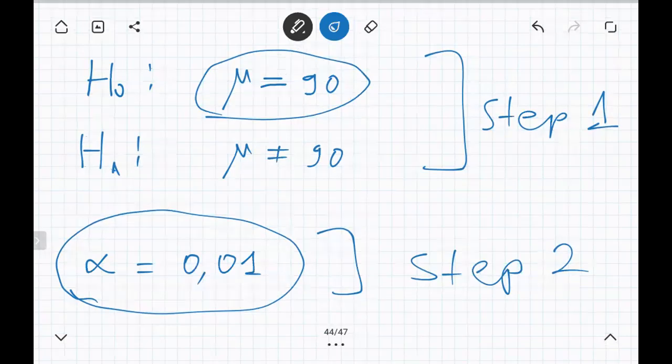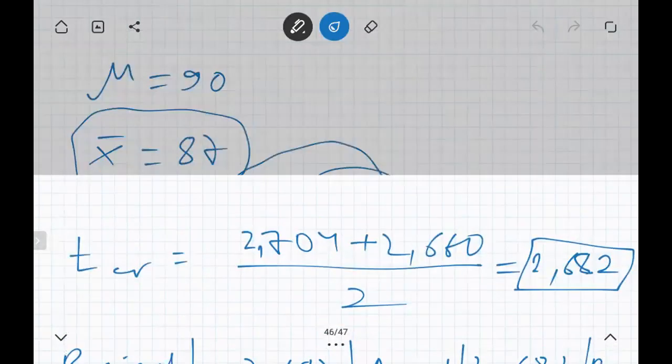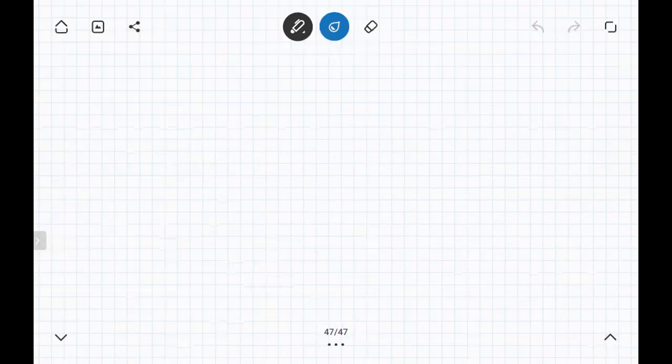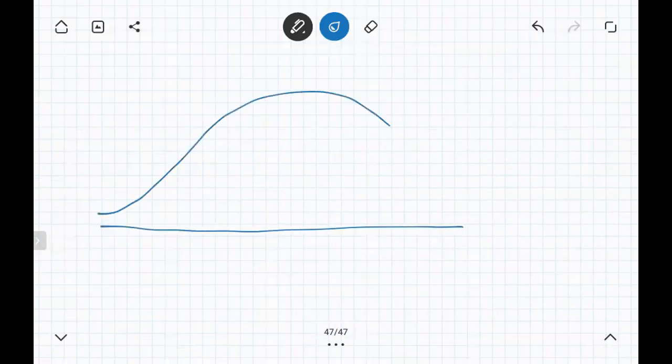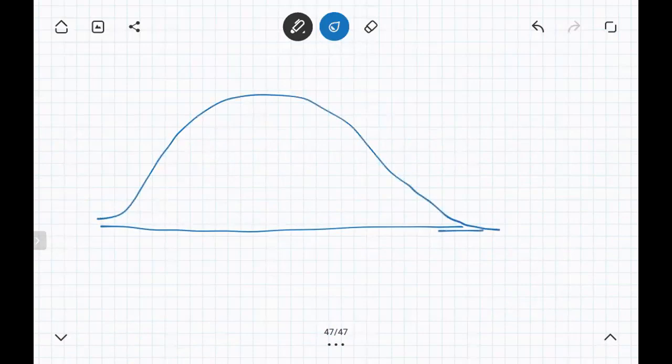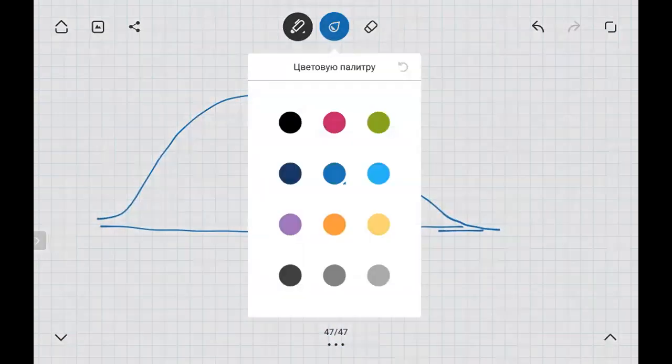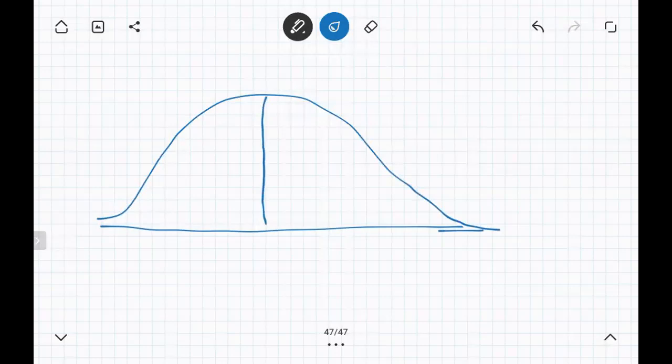And that's because when you take higher confidence levels or smaller significance levels, your interval grows.